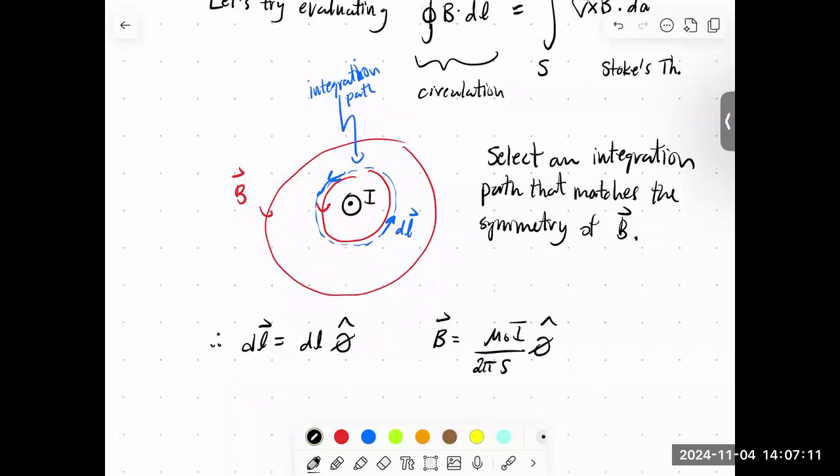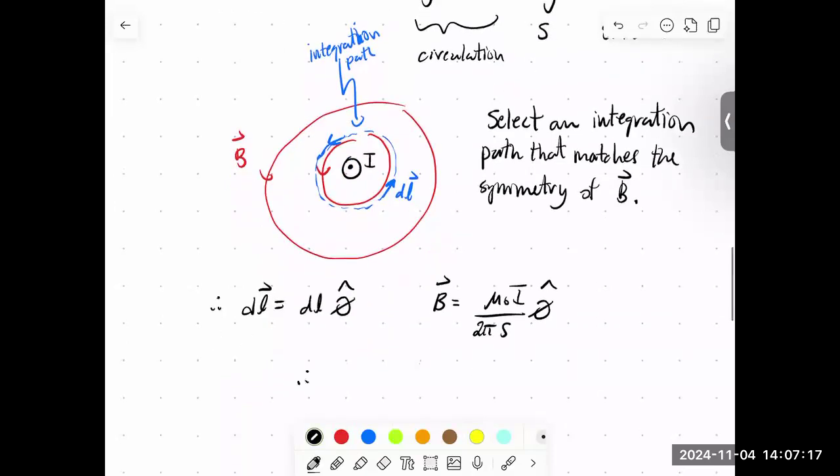So if I want to do this path integral, I need the dot product of B and dL. Therefore, B dot dL is going to be equal to mu naught I over 2 pi s, phi hat dot phi hat, which is just 1, and then we just have a dL.